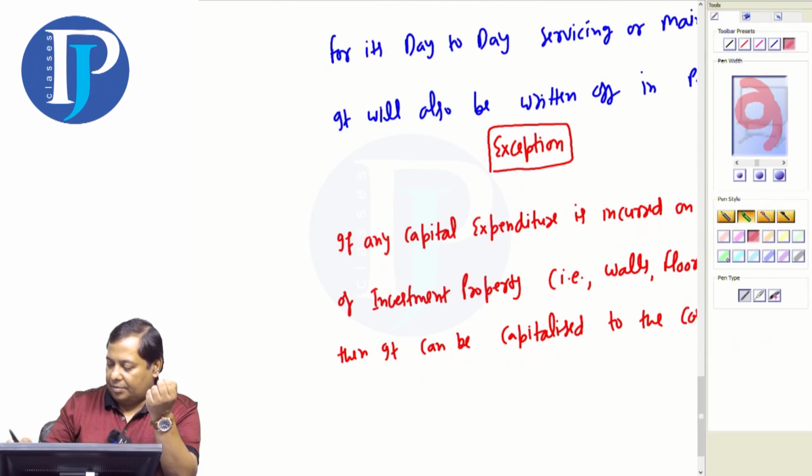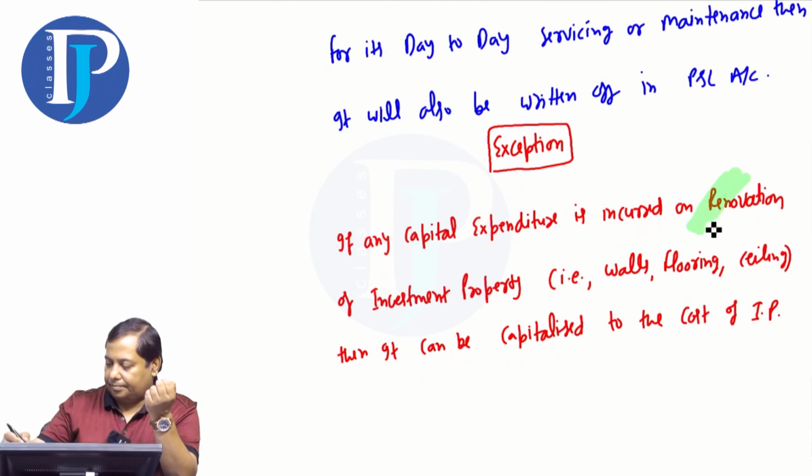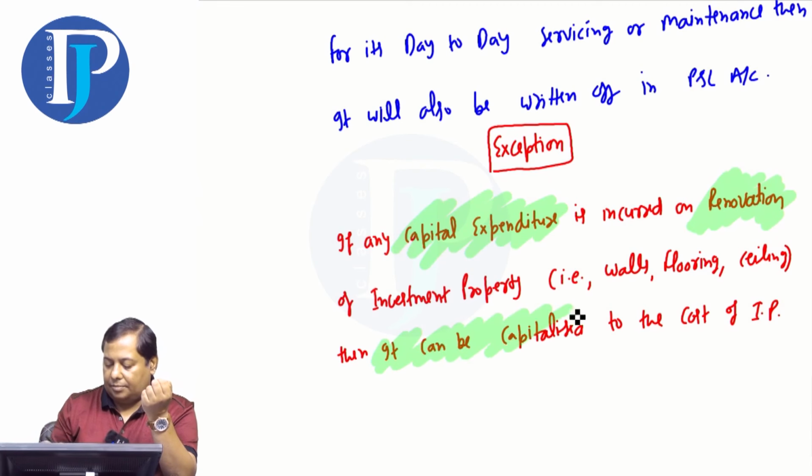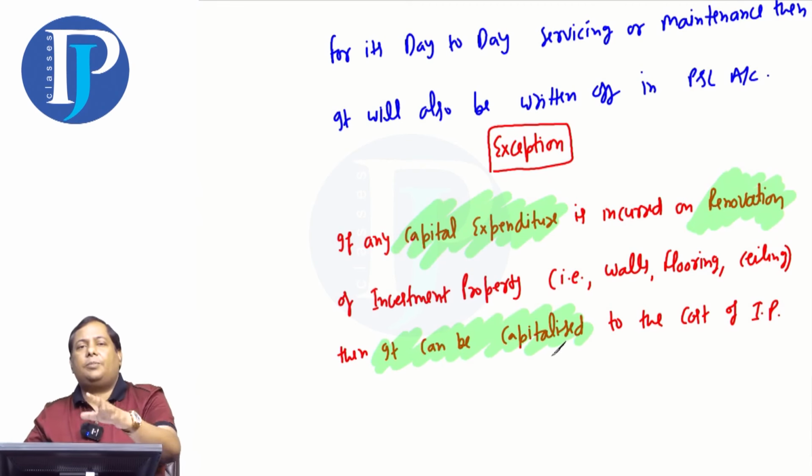You can capitalize the cost of the renovation. Day-to-day maintenance goes to the P&L.